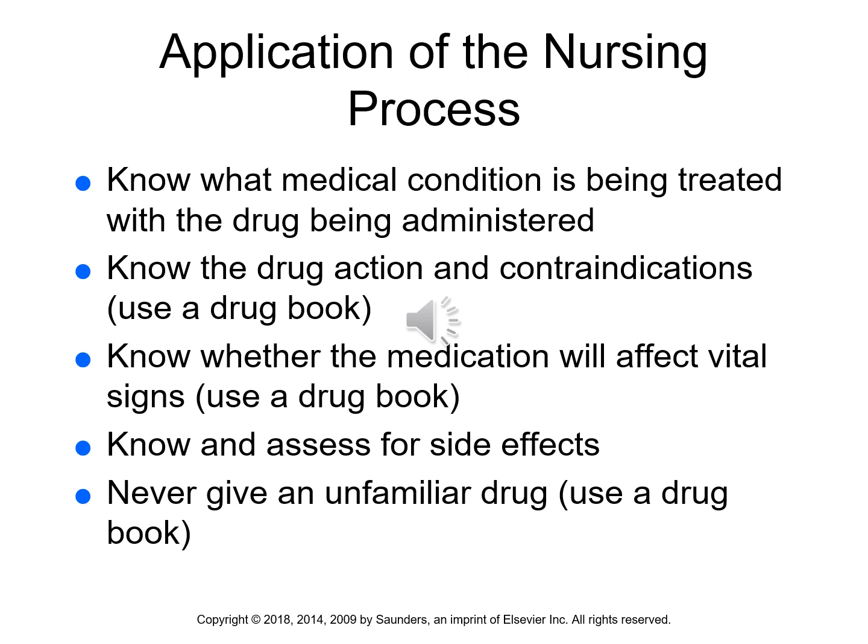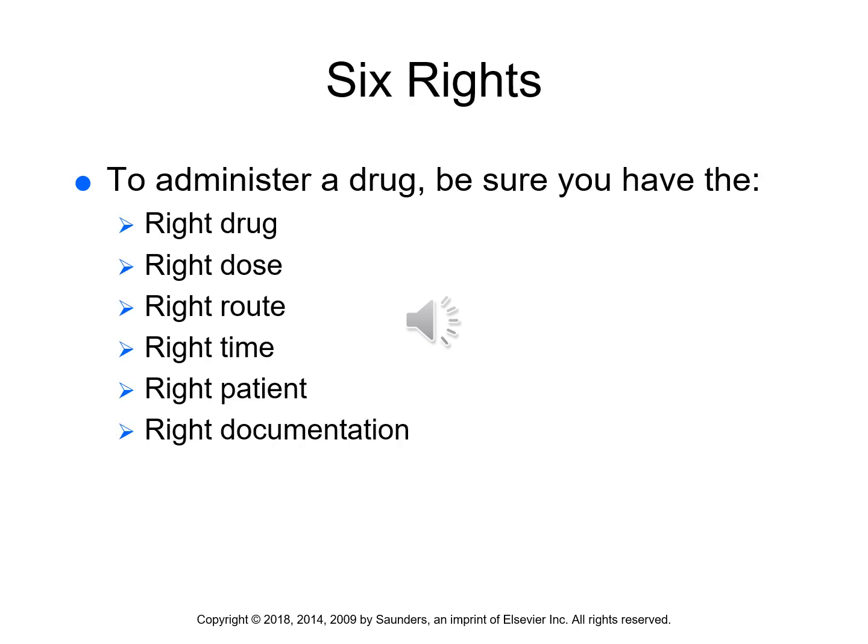Do we need to check vital signs? Does this drug affect our vital signs? You don't want to give drugs that you're not familiar with. If you're not familiar with the drug, you always want to have your drug book handy and look those drugs up prior to administering that medication so you can identify all these possible effects or things that could possibly happen, side effects, nursing implications, and things like that.